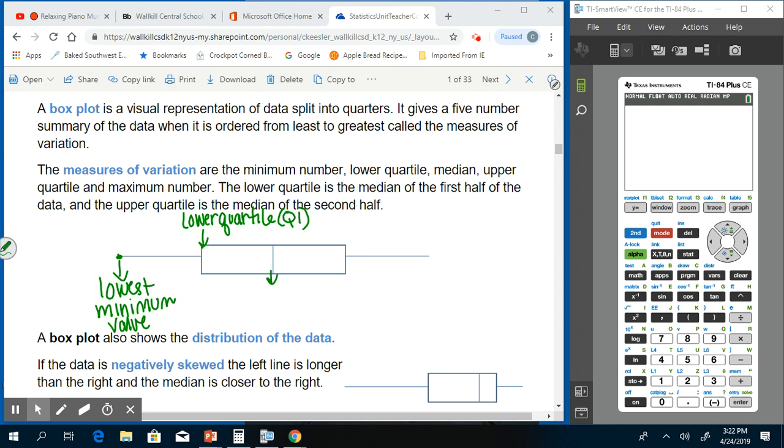This here is the median. This here is the upper quartile, or Q3. And this here is the highest value, or maximum.